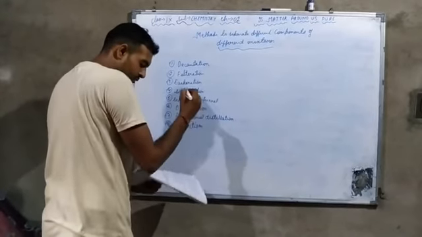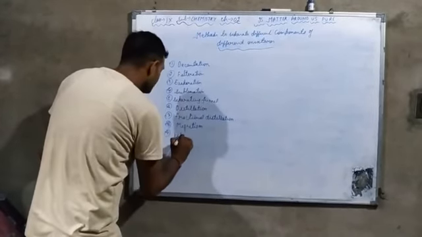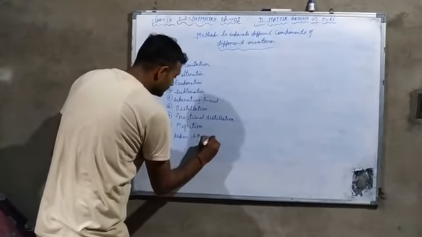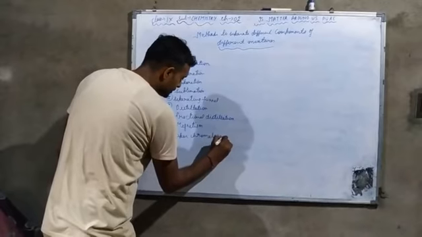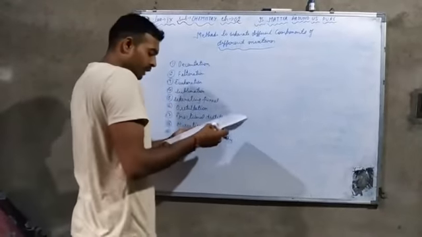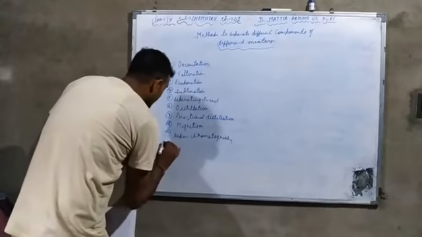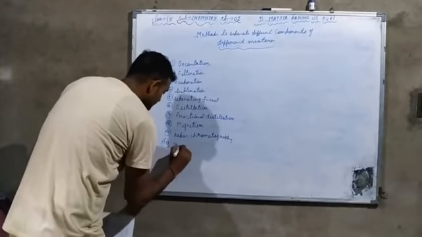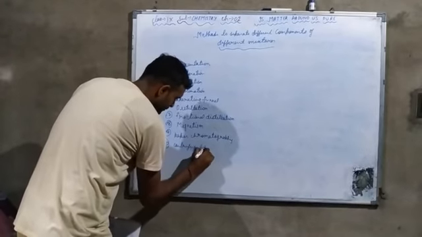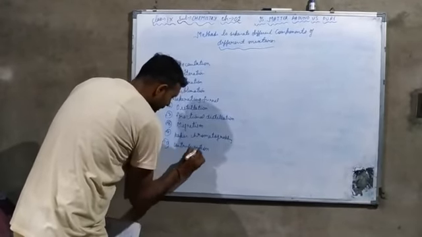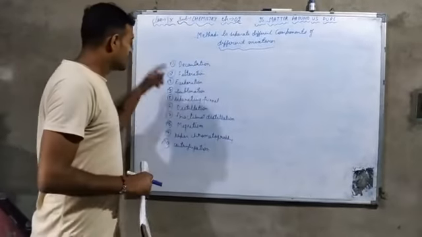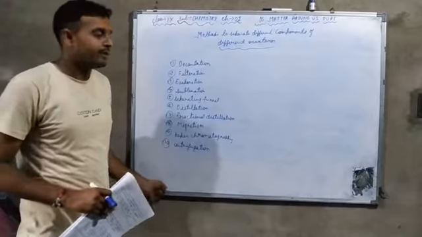Then ninth, paper chromatography. And the last one is centrifugation. So, these 10 methods we will discuss one by one.